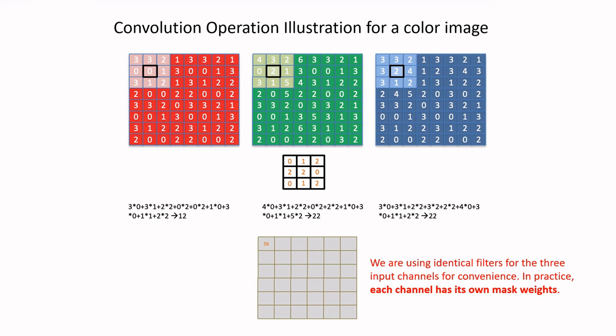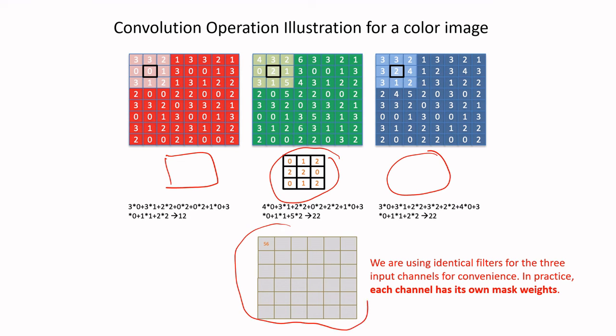In practice, each channel will have its own mask or its own kernel. So you can assume that for the red channel, there will be a 3 by 3 separate mask. For the green channel, there will be a separate mask. And for the blue channel, there will be a separate mask. And calculations will be done for each channel using those masks. And then the summation will be done, and the result will be placed in a single output array.